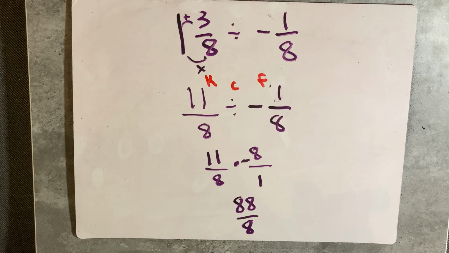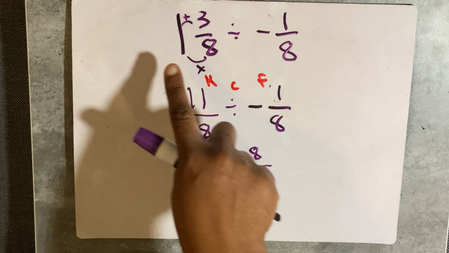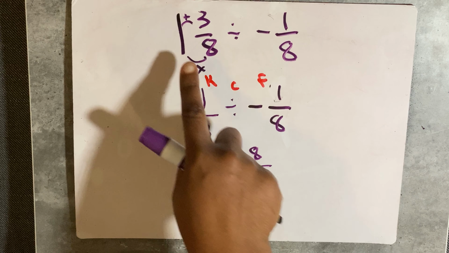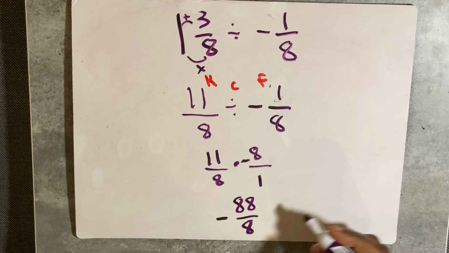It's an easy one to simplify because they have 8 in common. How many times can 8 fit into 88? It fits 11 times. Before I do that, I need to look at my negative sign. Different signs: this is a positive, this is a negative. Different sign, negative answer.